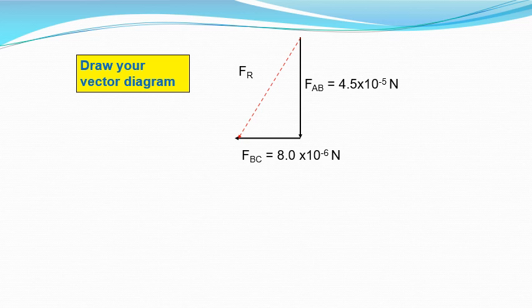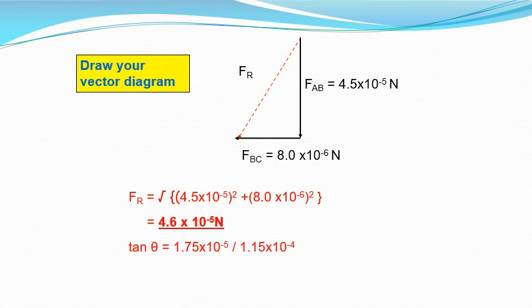And then we're going to work out the resultant, and because these are at right angles to each other, we can do it in the normal way using our Pythagoras relationship to get our value. Okay, because force is a vector, it should also have a direction, so we're going to use some trigonometry to work out the direction, because we've got the opposite and the adjacent sides of the triangle, so we can work out that it's an angle of 80 degrees from the vertical.